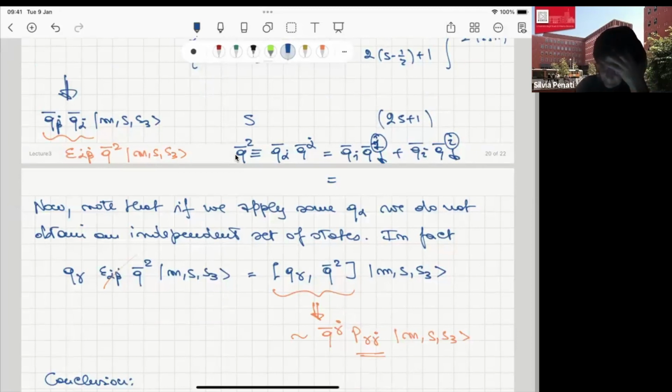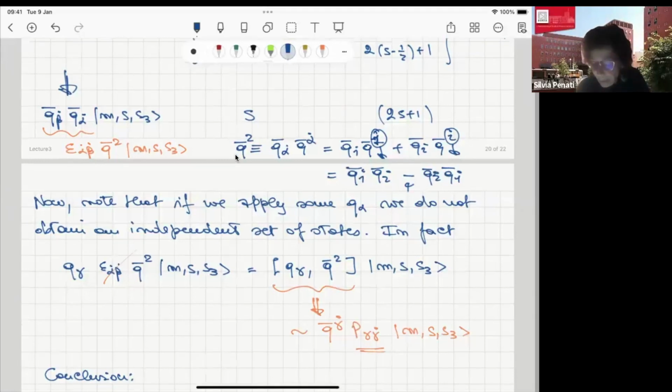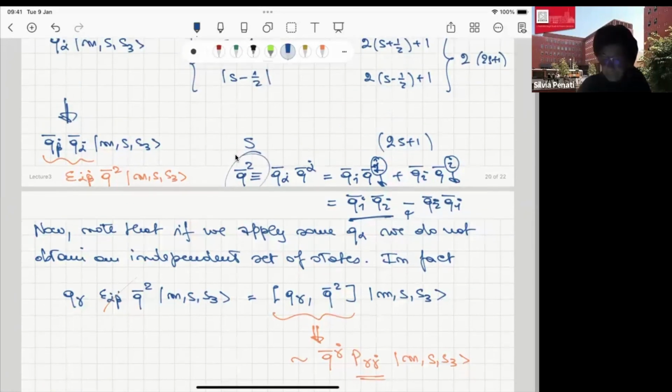This will be plus or minus Q bar 1 dot Q bar 2 dot minus Q bar 2 dot Q bar 1 dot, because the epsilon tensor gives you the sign, and this is eventually what you want to apply, Q bar 1 dot Q bar 2 dot. So what I'm basically saying is that Q bar 1 dot Q bar 2 dot is nothing but Q bar square, so it is a scalar.